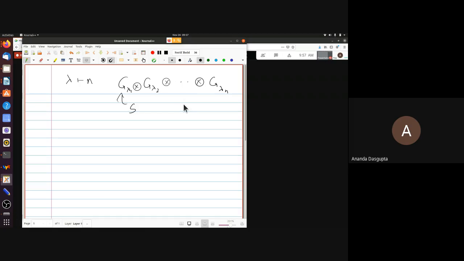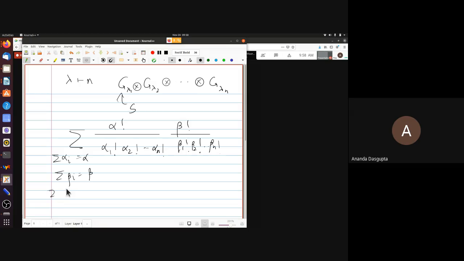If you take the inner product, that's how we figured out that alpha factorial by alpha 1 factorial, alpha 2 factorial, alpha n factorial, sum over all alphas such that sigma alpha is equal to alpha, sigma beta is equal to beta, and so on, with alpha 1 plus 2 beta 1, etc. equal to lambda 1. These conditions all thrown in.